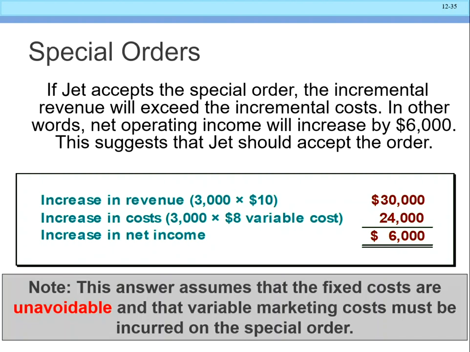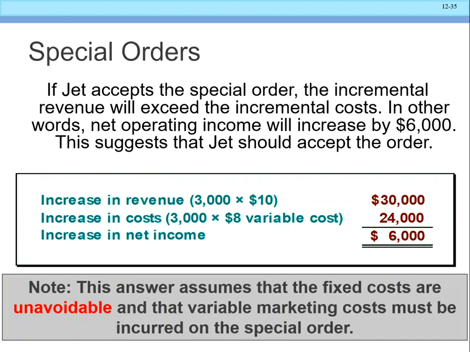If they are going to accept the special order, they will increase their sales revenue by 30,000 because they are going to sell an additional 3,000 units at $10. Mind you, $10 is half the price, but we are saying since this company is only able to sell 5,000, if they reject the 3,000, it means we are comparing $10 with 0, not $10 with 20.